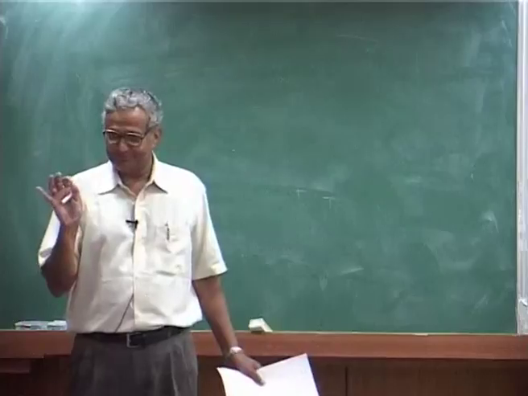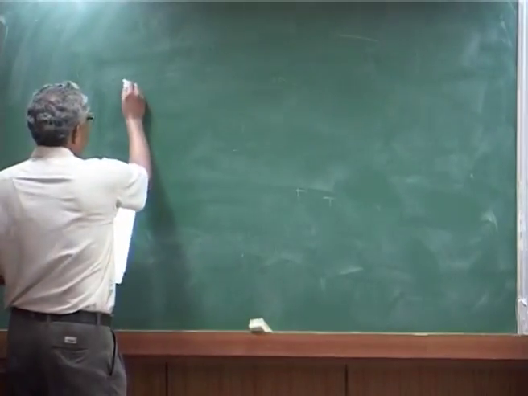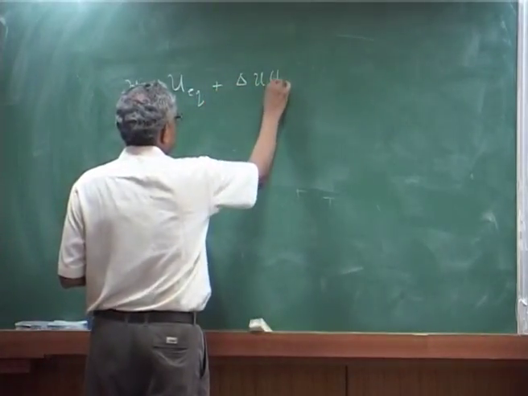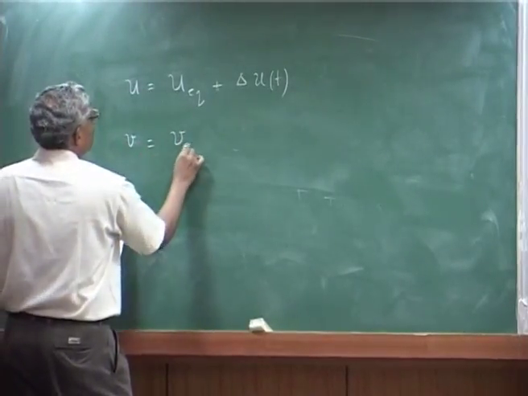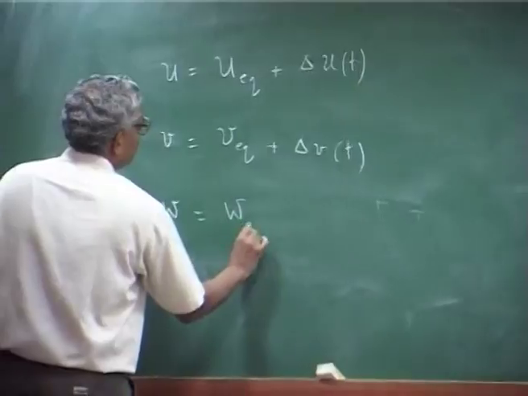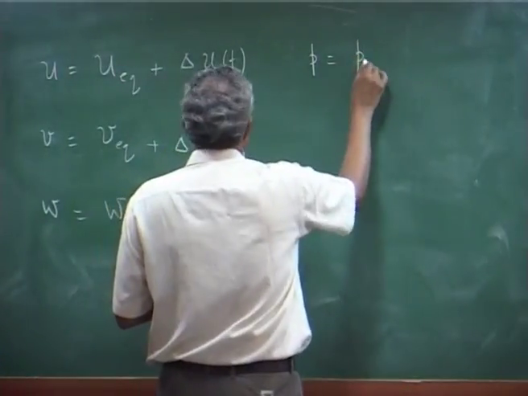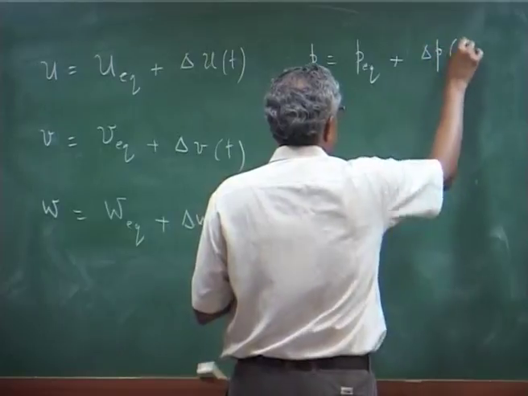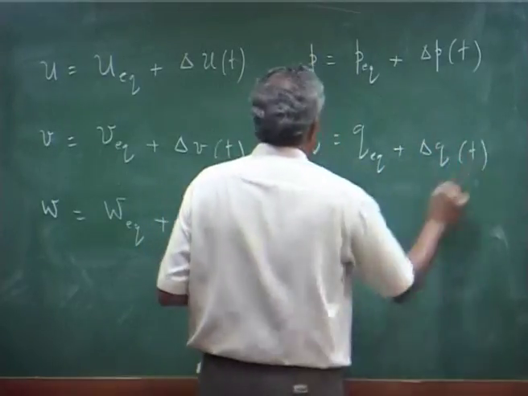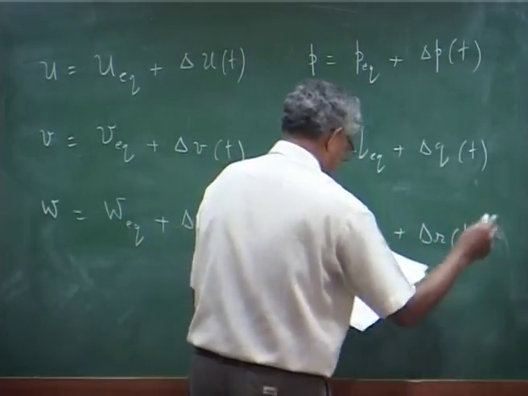My u, v, w are fixed, p, q, r are also fixed, which then I will write as u equals u equilibrium plus delta u, and v equals v equilibrium plus delta v, and w equals w equilibrium plus delta w, and p equals p equilibrium plus delta p, q, and r equals r equilibrium plus delta r, all functions of time t.